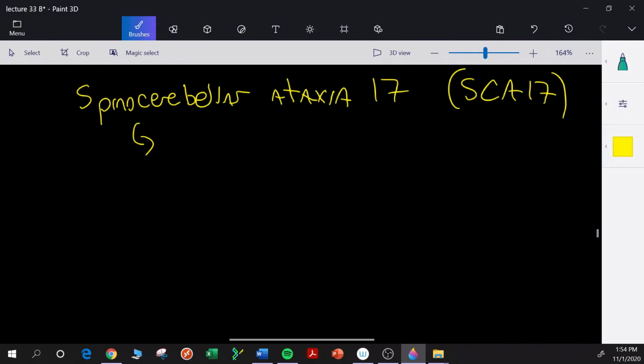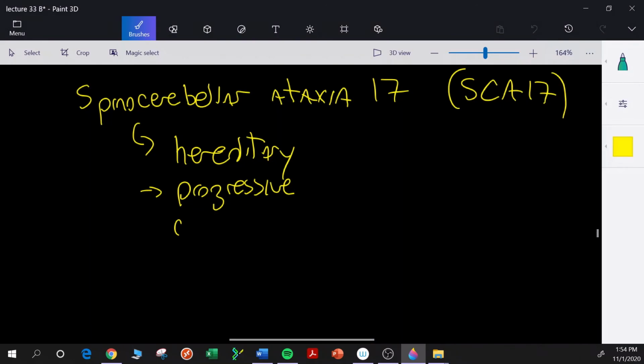Essentially these are hereditary, progressive, meaning they get worse with age, degenerative, and often fatal.